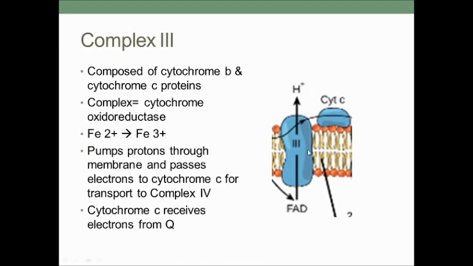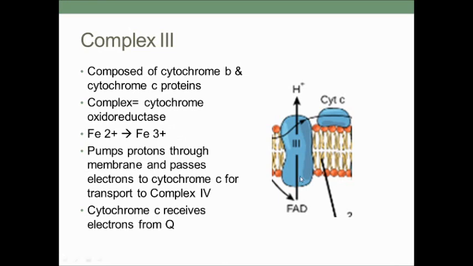Complex 3 is composed of some proteins, cytochrome B and cytochrome C. The complex is known as a cytochrome oxidoreductase. We're going to transfer some electrons here and turn iron 2+ into iron 3+.